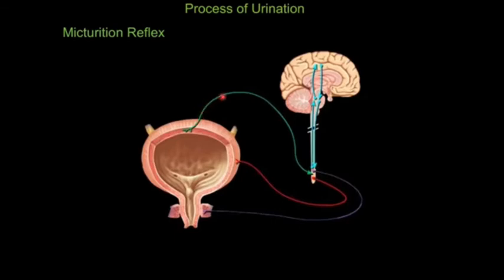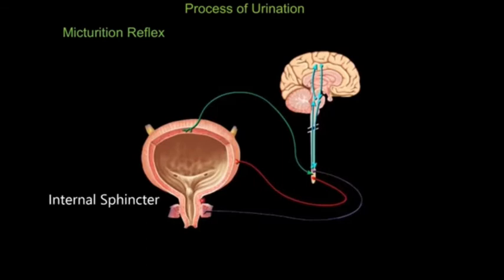Another action potential from the sensory neuron will be sent through the spinal cord to the motor cortex of the cerebrum. From there, another action potential with motor input will be sent to another motor neuron to stimulate the opening of the urinary sphincter, and there are two urinary sphincters.